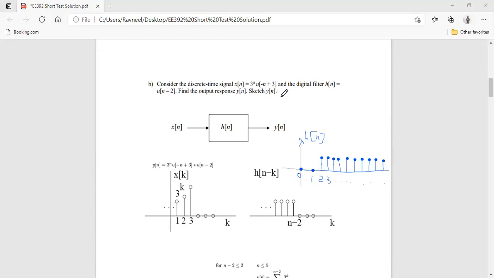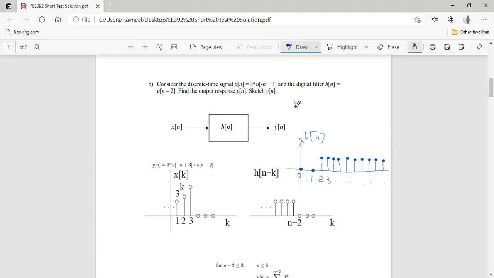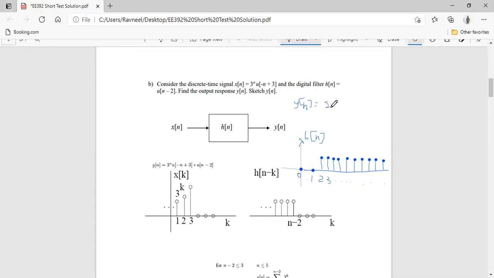In order to obtain y of n, you have two options. You can directly evaluate it using the formula, that is the summation of x.